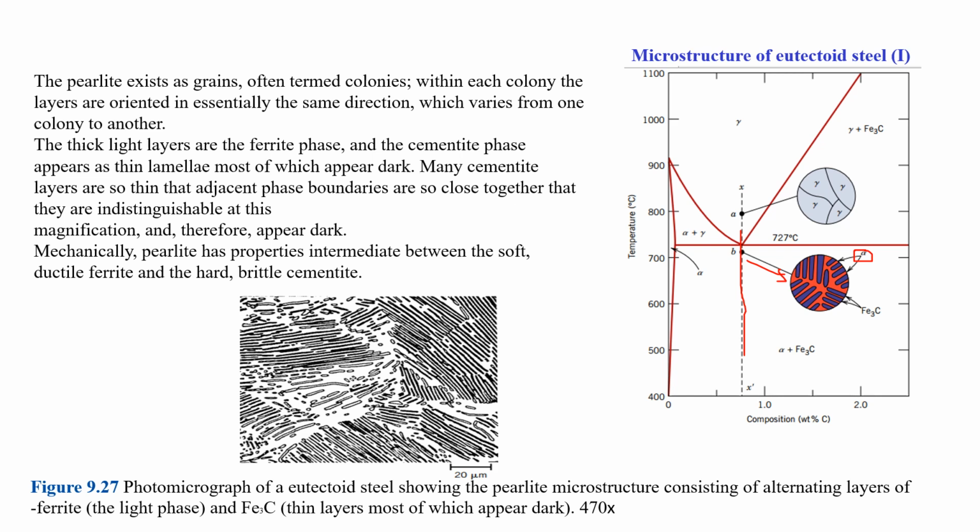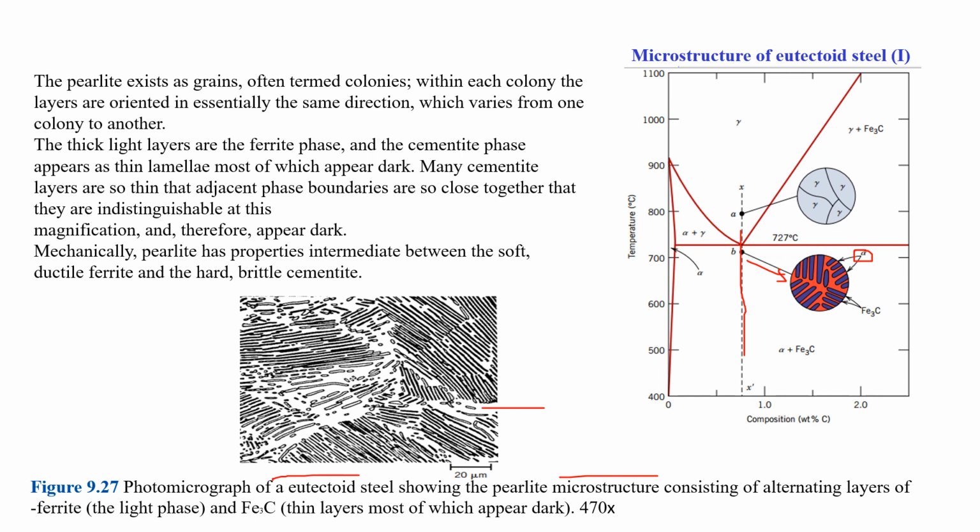The photomicrograph of the eutectoid steel shows the pearlite microstructure consisting of alternating layers of ferrite, which is the light phase, and the iron carbide, the thin layers, most of which appear dark.